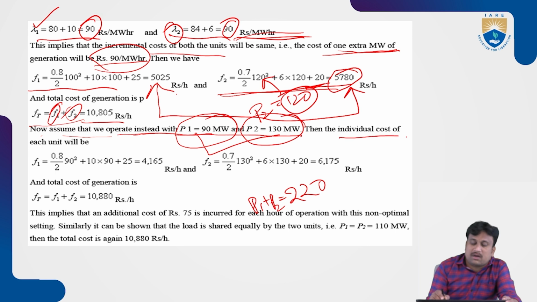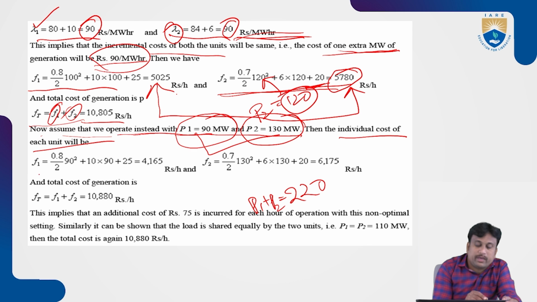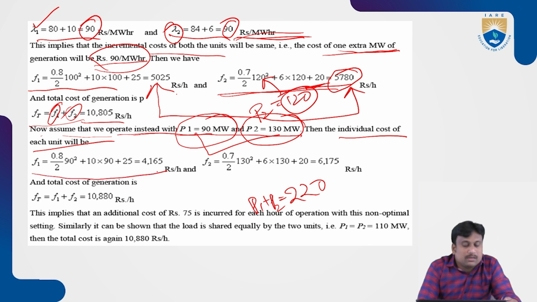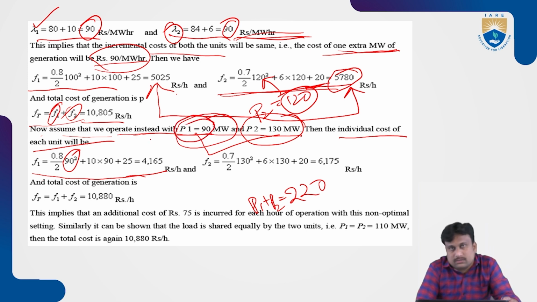Then the individual cost of each unit. F1 equals 0.8/2 P1 squared plus 10 P1 plus 25. In that expression, you need to substitute the P1 value; we assumed P1 is 90 megawatts.